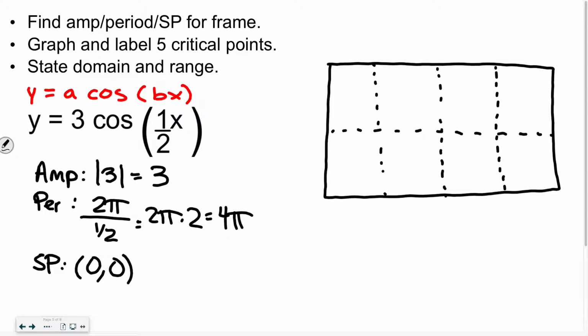I usually focus on my labeling on the vertical and the horizontal axes first, and then I draw my graph, because if I get my labeling done, the rest is so easy. So I always mark over here on the side. I put an open circle because I don't know if it's going to be on the graph or not. It depends on the graph that it is, sine or cosine. But I always mark that starting point, so that's 0, 0.